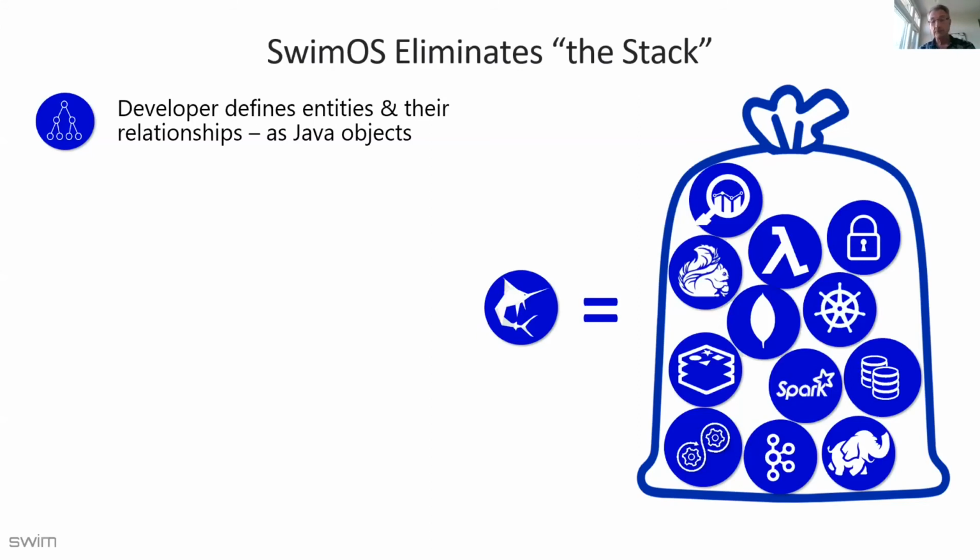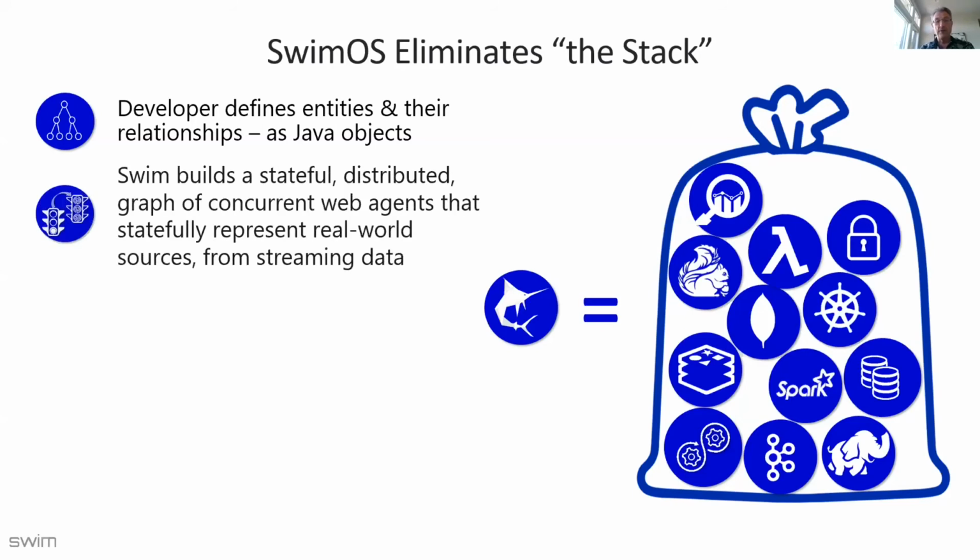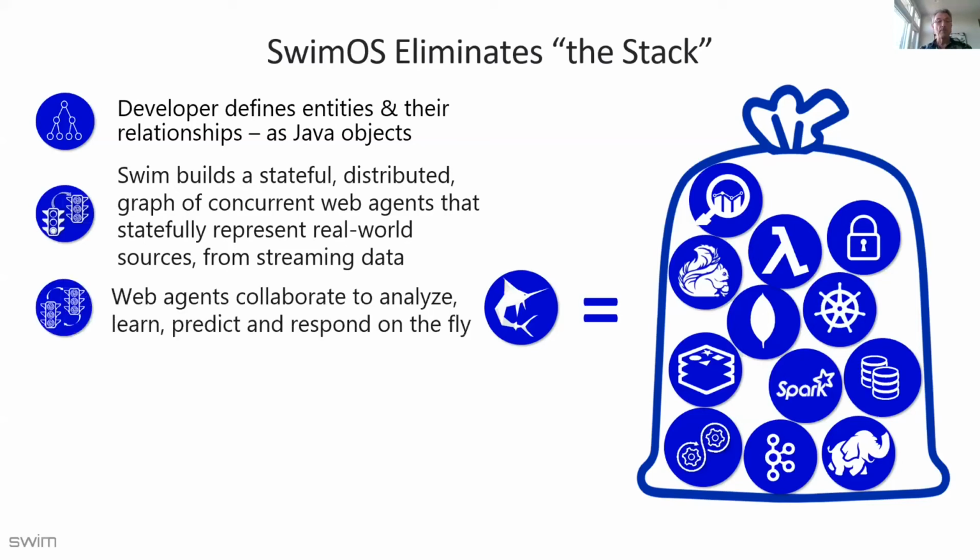So the whole program to consume huge amounts of raw data and predict from it is maybe 1,000 lines of code. Okay. So when data arrives, new actors, new concurrent objects get built by Swim, and each one deals with its own raw data and concurrently computes in a stateful way in memory. These web agents link and collaborate to learn, predict, and respond.